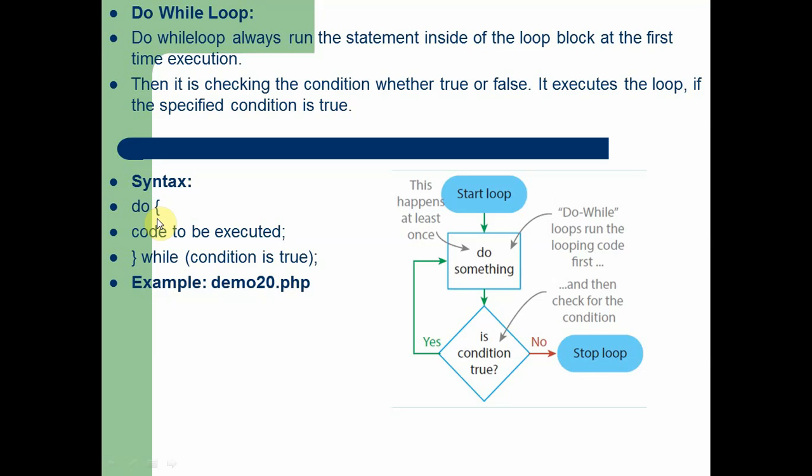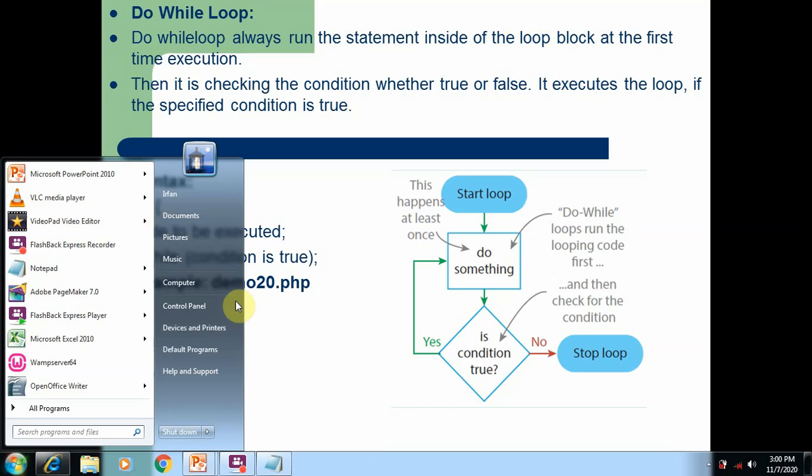But in the do while loop, the condition is placed at the end of the loop structure. That's why, if the condition is false, the loop statement will still execute once. So this is the difference between the do while loop and the while loop.